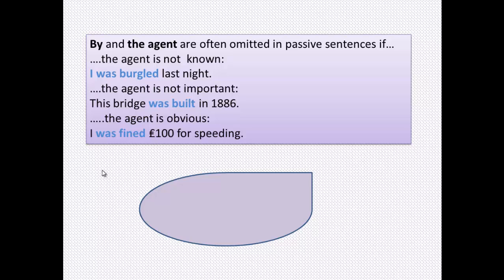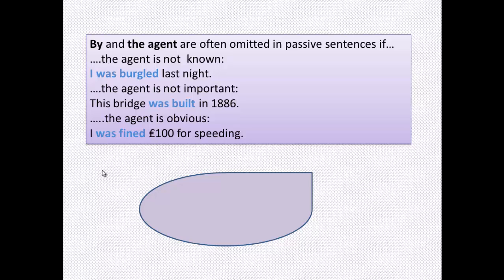The third one, we omit by and the agent in the passive if the agent is obvious, if the agent is clear, so everyone can know who is the agent.